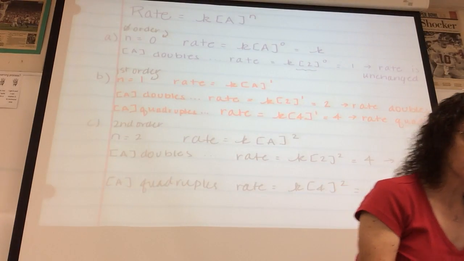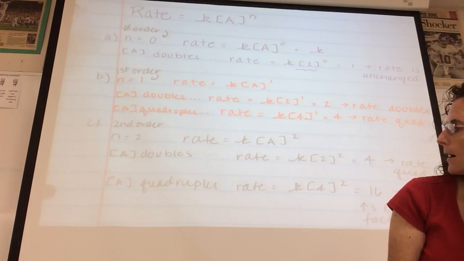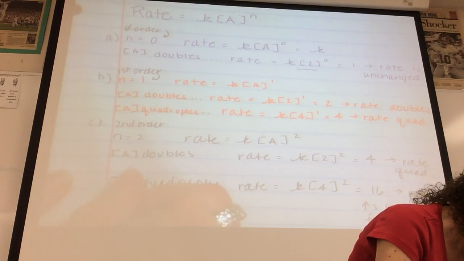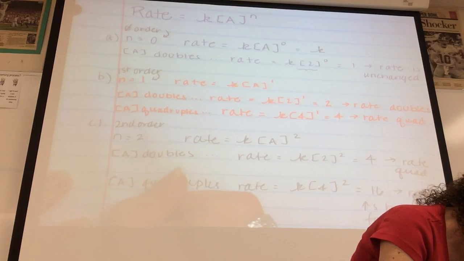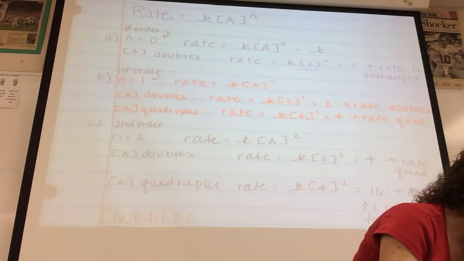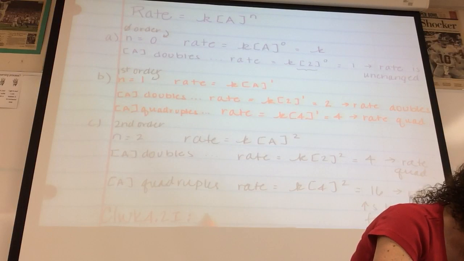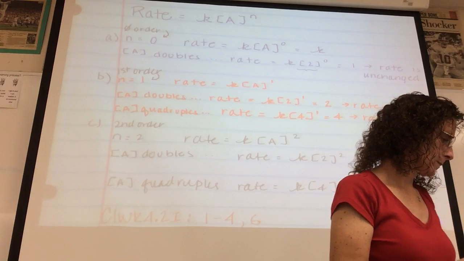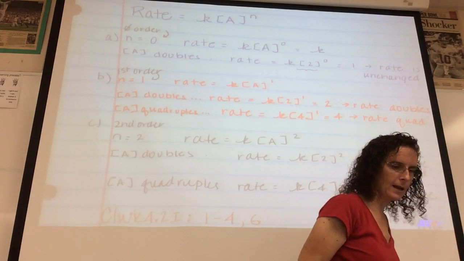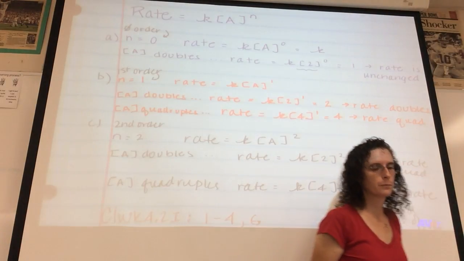So on your classwork, I told you about 1 and 2, and here, so you can do 1 and 2. So it'll be 1 through 4 and 6. 1 through 4 and 6, and I'll hand that out now.